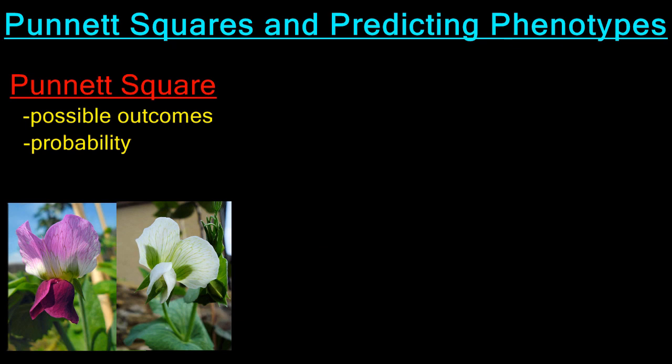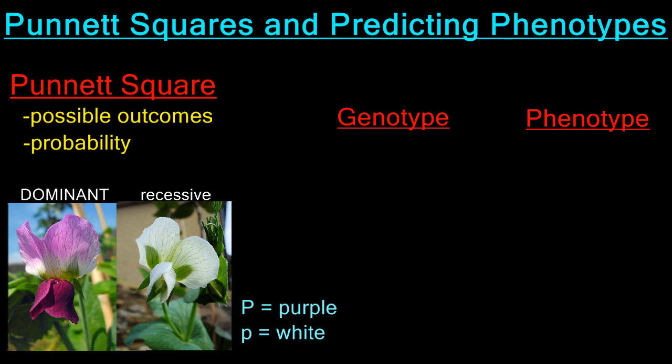Let's do an example using the flower color of pea plants as our trait of interest. Purple flowers are dominant over white flowers, so let's use a capital P to represent the purple allele and a lowercase p to represent the white allele. A homozygous dominant individual would have the genotype big P big P, and the phenotype purple flowers.